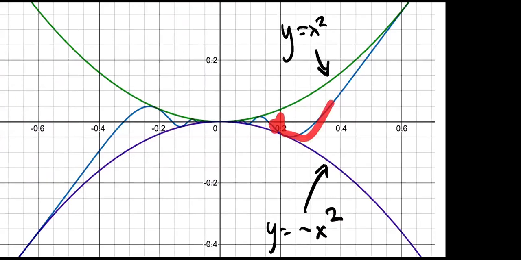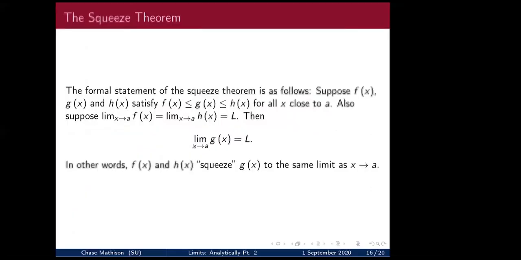Typically we wouldn't really know how to handle that, but the x squared factor is squeezing that down to 0 as x goes to 0, even though we have this wildly oscillating thing. Okay? So that's how we use the squeeze theorem in practice.